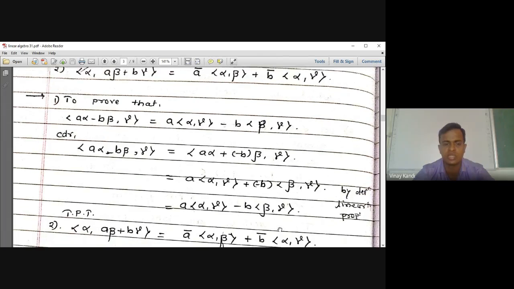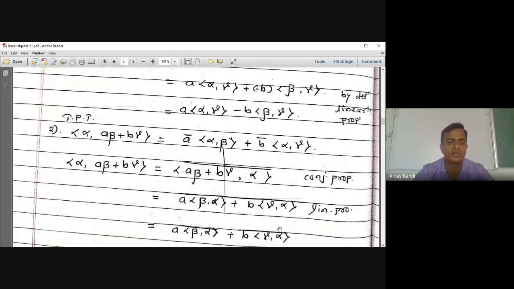Now, to prove the second statement: the inner product of alpha and A beta plus B gamma is equal to A bar into inner product of alpha beta plus B bar into inner product of alpha gamma. Here alpha and beta, alpha and gamma appear, because we have alpha beta plus alpha gamma.